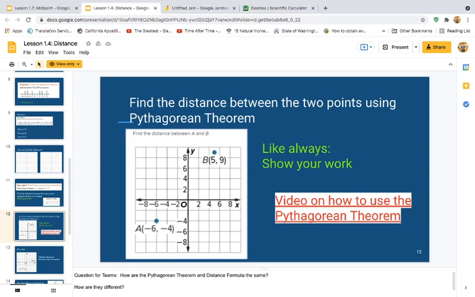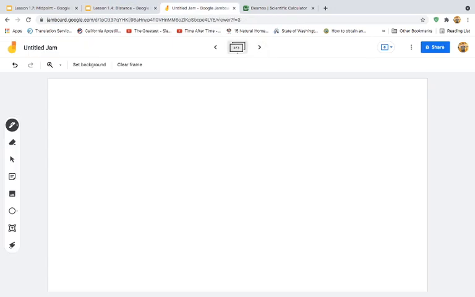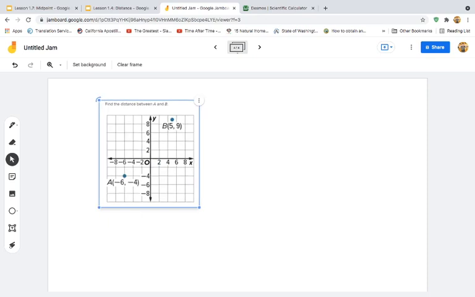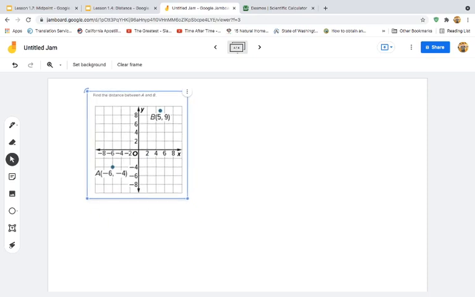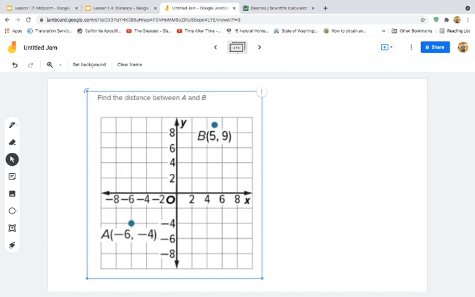So I'm going to copy that image, go over here, and paste the image. Then let's go ahead and solve for this.